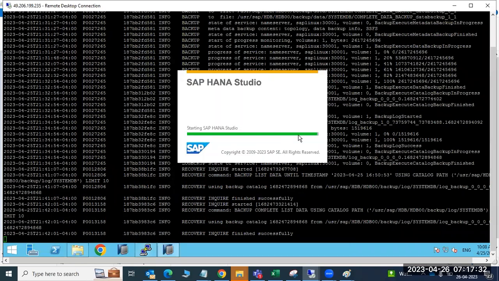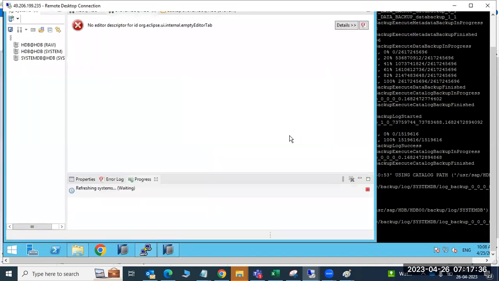Everything will be recorded in the backend in the trace directory, so you need to check the trace file. What is happening, we have to observe it here.